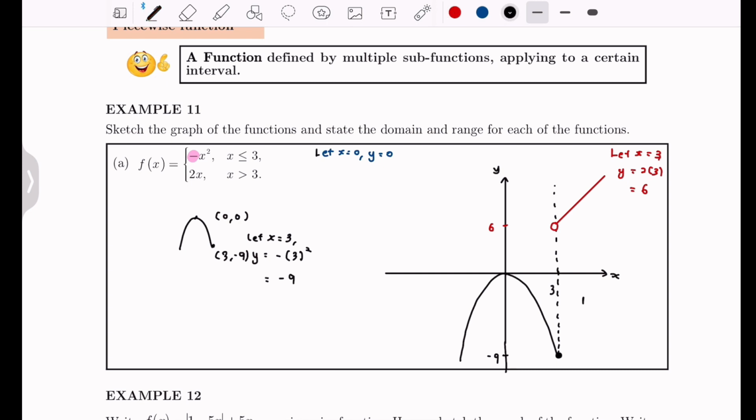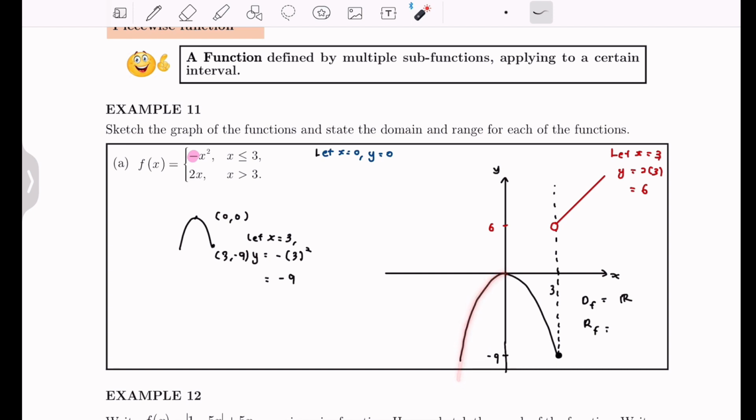So for the domain, as we can see, we have graph for all values of x. So all real numbers. However, for the range, we can see that the lowest the graph can go is negative infinity up to 0.